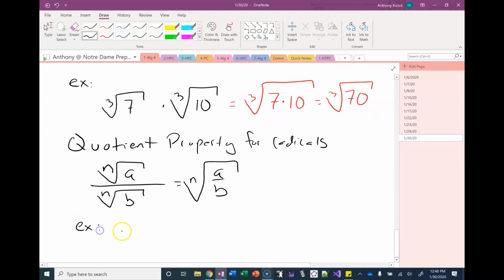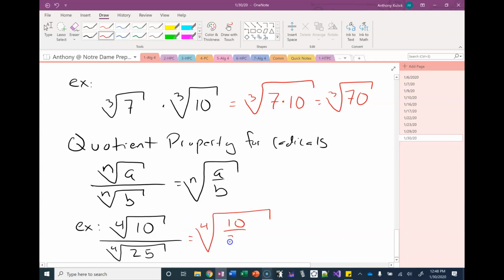So for example, if I have the fourth root of 10 over the fourth root of 25, I can treat that as the fourth root of 10 over 25.